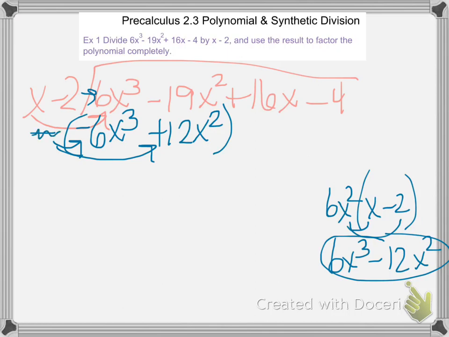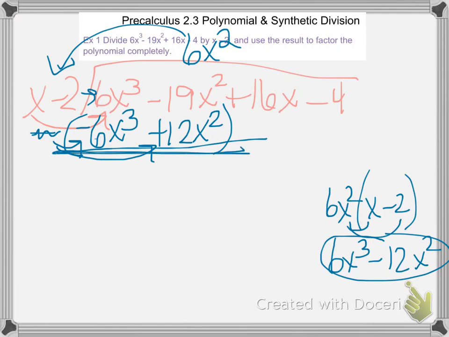I just went through and I changed all the signs because we're subtracting. I'm going to put my 6x squared up here before I forget. That's what I multiplied to this in order to get this. Now I'm going to add down, and this gives me 0, which is what I wanted. And this gives me negative 7x squared.